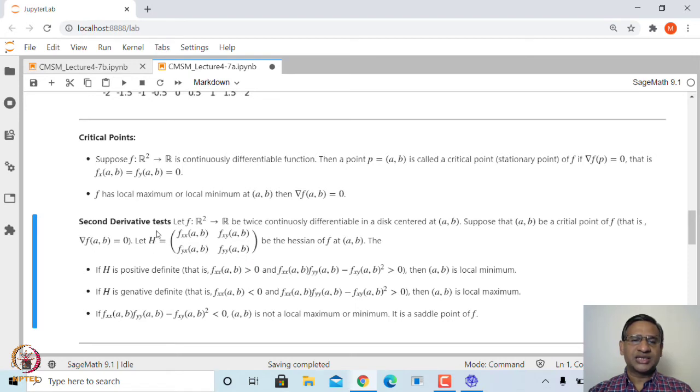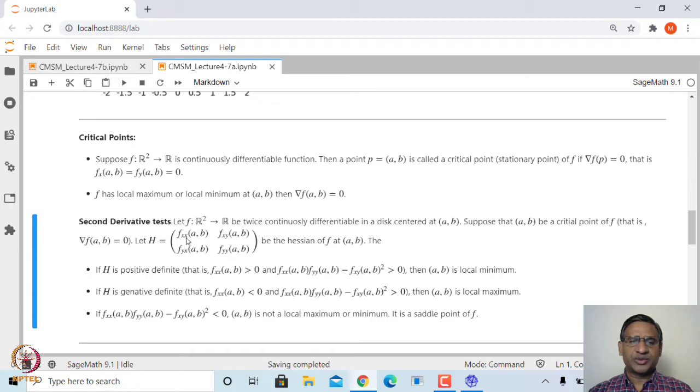Here, the second derivative of f is a matrix which is called the Hessian of f at the point (a, b). Hessian is this matrix of second order partial derivatives.